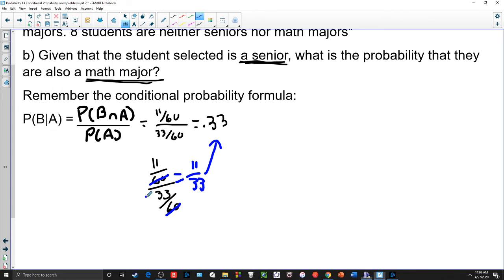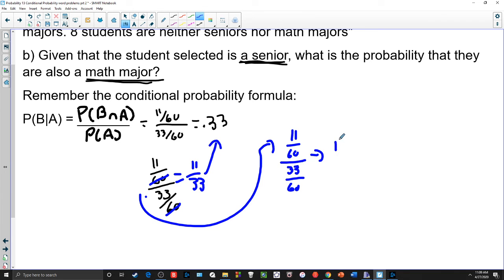If you want the behind the scenes version, the way this actually works is 11 over 60 divided by 33 over 60. You write this as a division problem, and remember, your second fraction flips. So 11 over 60 times 60 over 33. Then you cross cancel, and you're left with 11 over 33.